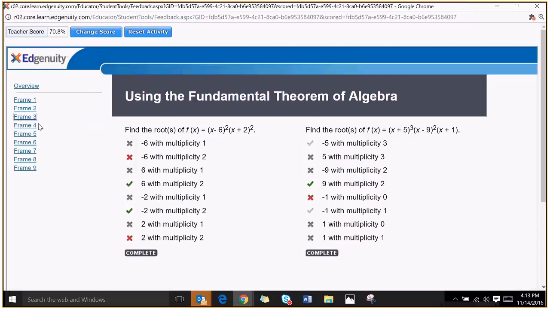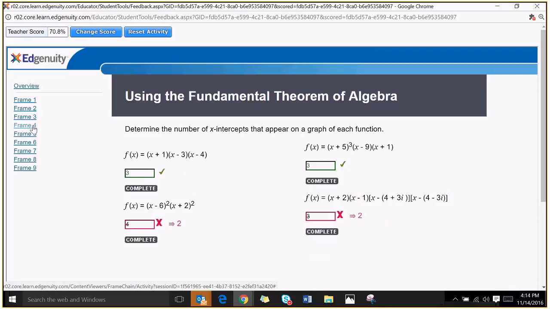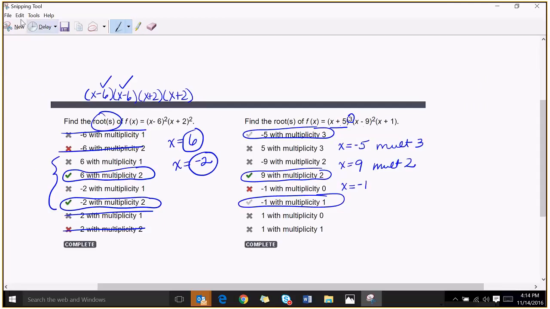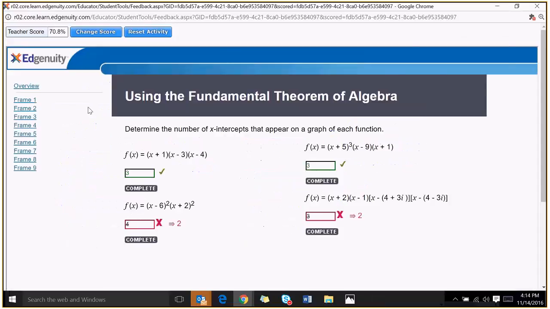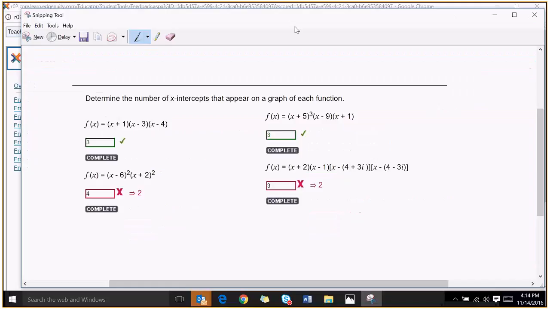Let's look at this next one. Okay. So x-intercepts is another way of saying roots. Remember I said you can use the word roots and it can mean zeros, but it also means x-intercepts. So that's where it crosses the x-axis.